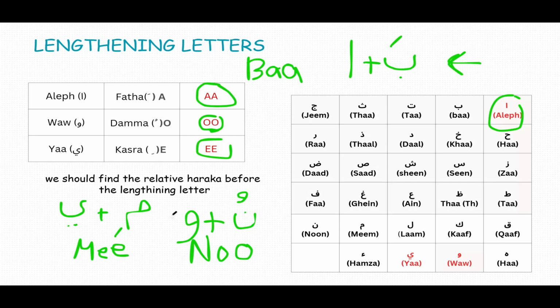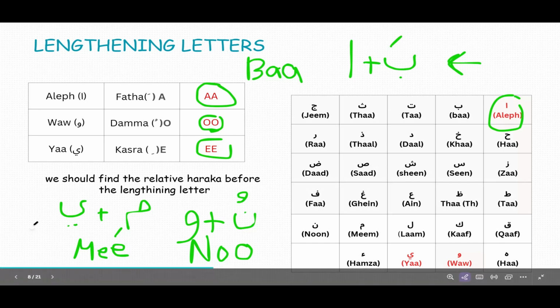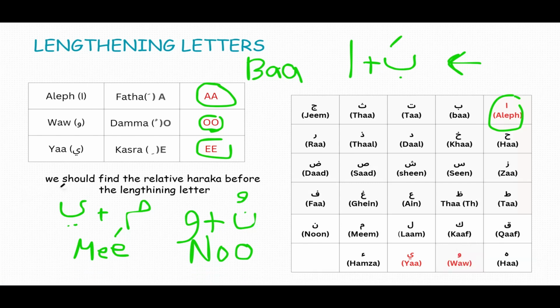Otherwise, they work as a normal letter, very simple. If you see any haraka above waw or ya, you just apply it normally, like ya with fatha ya, dhamma yu, kasra yi.